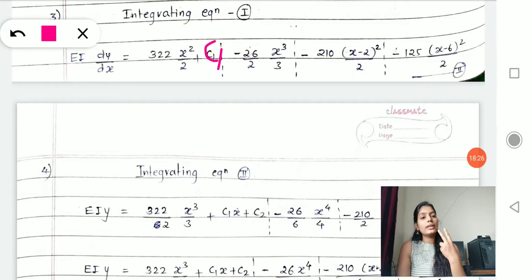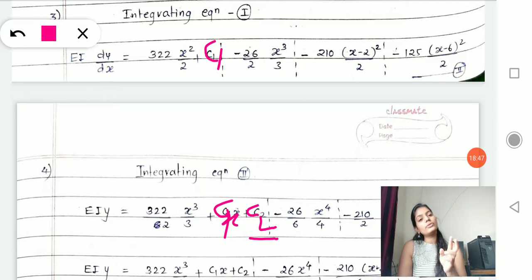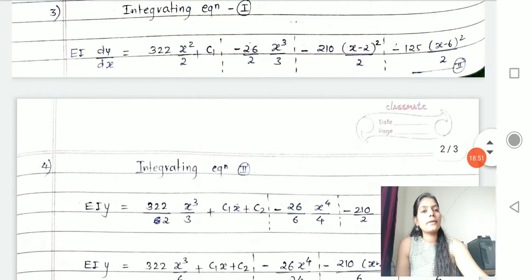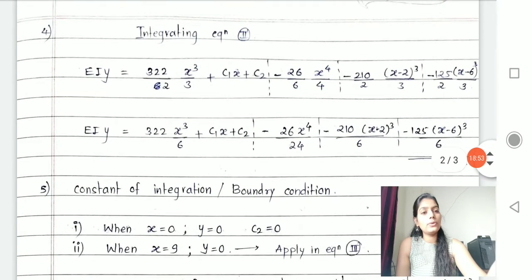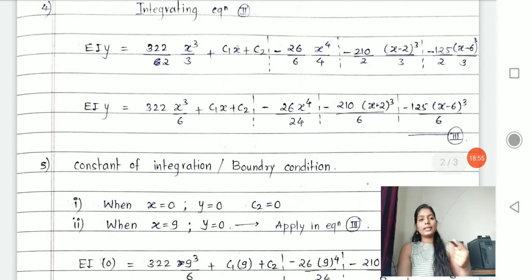Now you are integrating a second time, so integration constant C2 is added over here. C1 into x and C2 will be your second integration constant. Why have you added that? Because you integrated it twice, right? Rest of the things are known to you. I hope you will be able to integrate it twice.